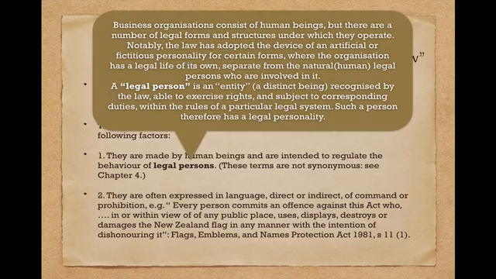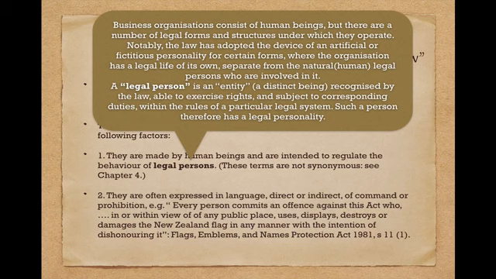Now let's look a bit further at legal persons, because this is what you need to know. And this is what the first year law students get. So if you understand this, then you'll get the whole crux of the matter very, very easily. Business organizations consist of human beings, but there are a number of legal forms and structures under which they operate.